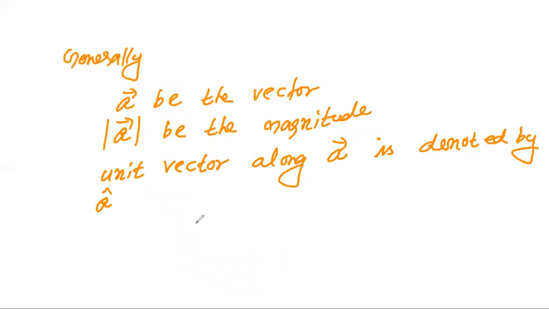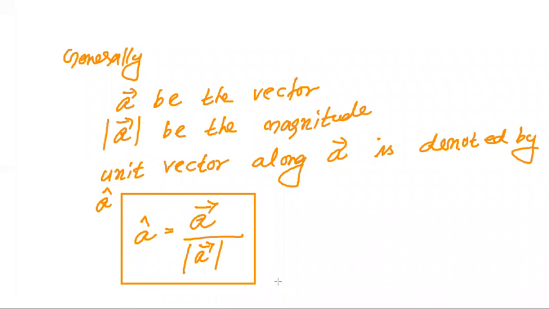It is read like a cap. So the unit vector along vector A is denoted by a cap, where a cap is the vector along the direction of A whose magnitude is equal to 1. And also you have to remember a unit vector along a vector can be evaluated by dividing that vector by its magnitude. So listen, unit vector is equal to the vector divided by its magnitude. That is the concept of a unit vector. I hope it's clear for you. So unit vector a cap is equal to vector A divided by its modulus.